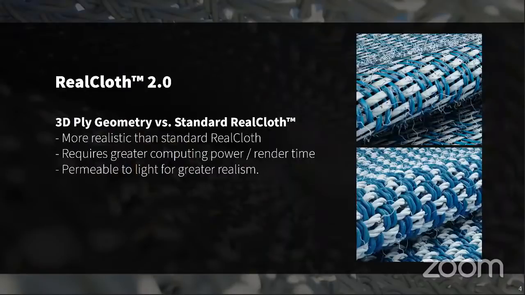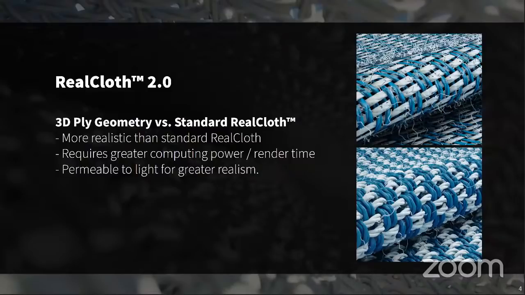So what makes RealCloth 2.0 better than traditional RealCloth in KeyShot 9? Well, the big difference is in the ability to create 3D ply geometry. This is important because although KeyShot 9's RealCloth represented a large leap in cloth material replication, it did not hold up entirely at near to macro camera ranges.